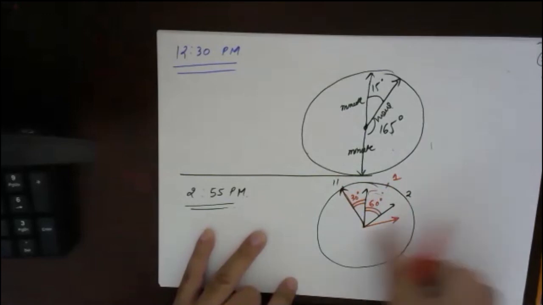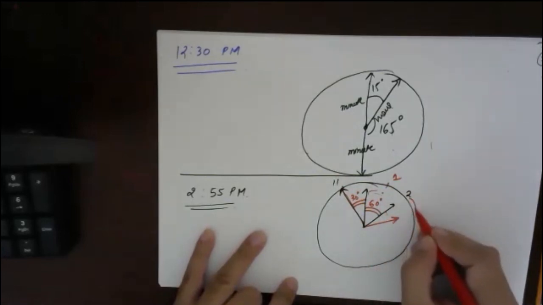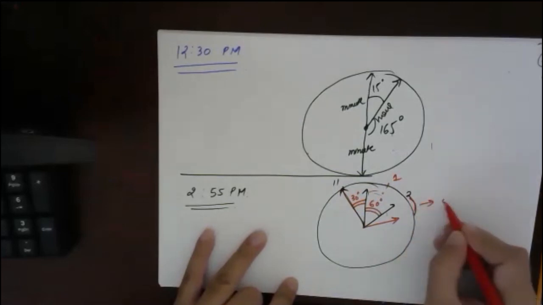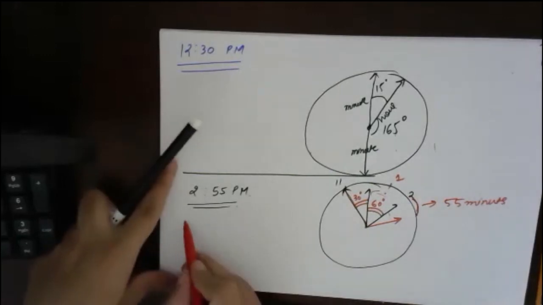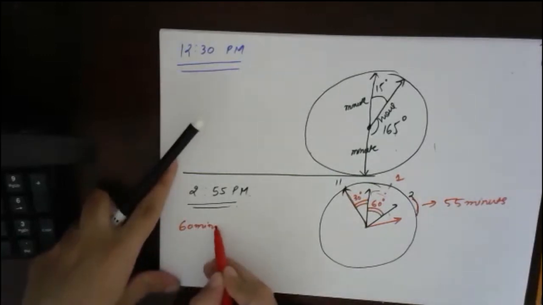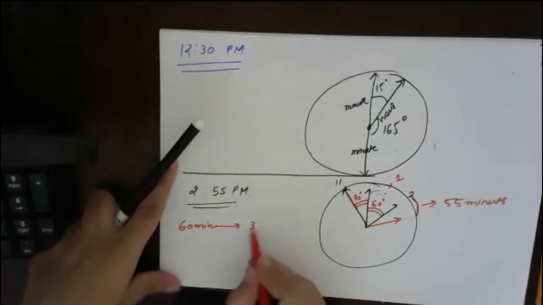Now, how much has this angle moved in 55 minutes? In 60 minutes, the hour hand moves 30 degrees. So in 1 minute, the hour hand moves 30 by 60 degrees.